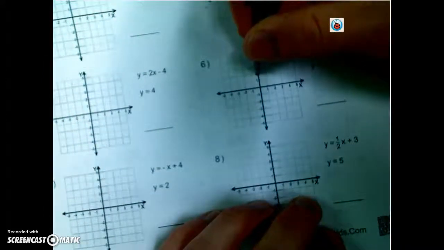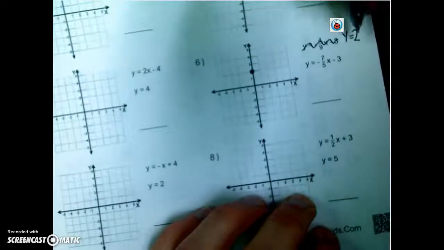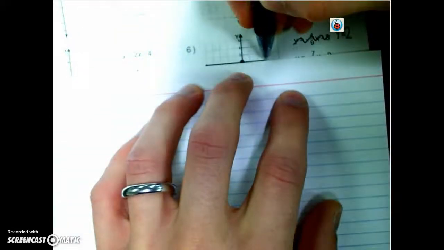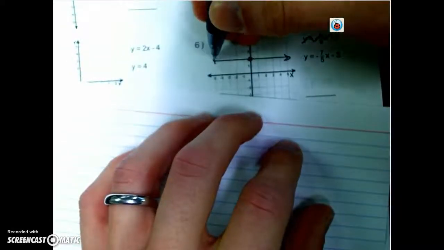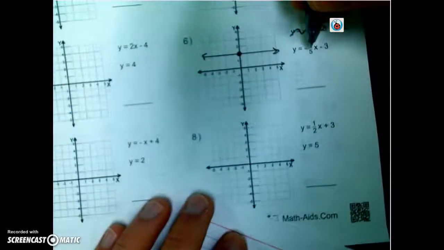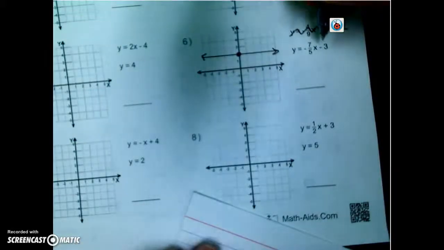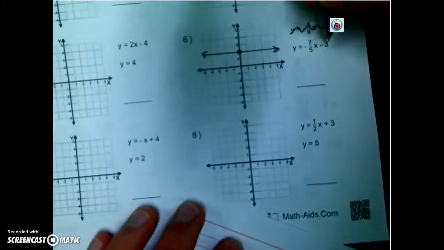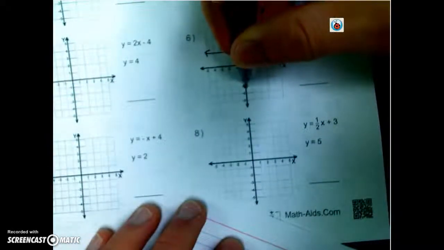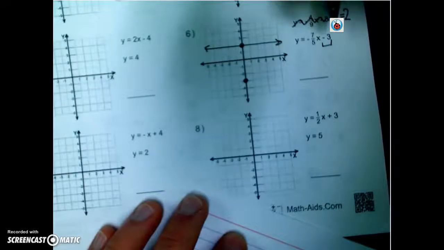So that's telling us that we need to start on our y-axis. Now, this is one of those lines because I do not have a slope. All right, and now what I'm going to do is plot my other line and see where they will cross over.